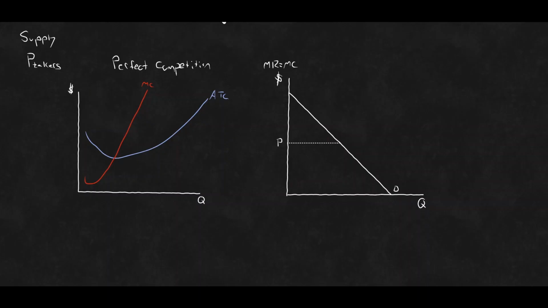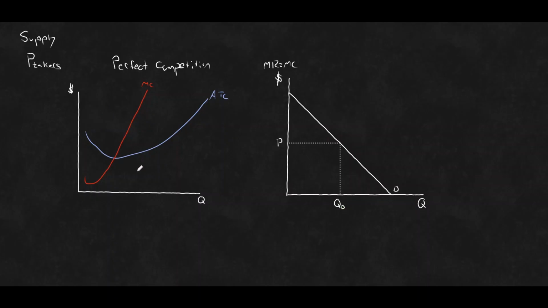At this P, the total amount of quantity that is being bought and sold. So right at this P, we get our quantity demanded.